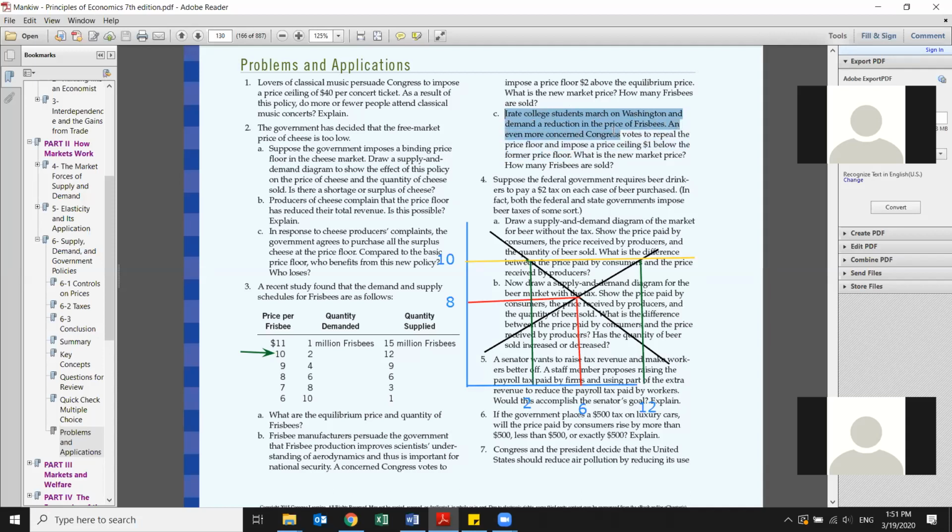And even more concerned, Congress was to repeal the price floor and impose a price ceiling. You see, $1 below the former price floor. So the price floor was $10 here, and now they put the price ceiling here, below this $10.